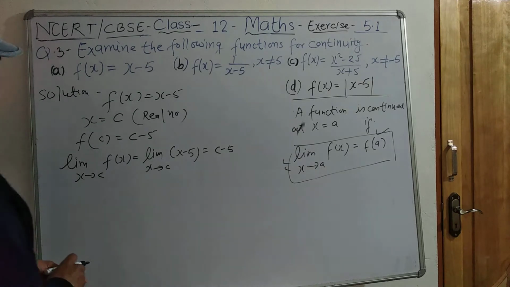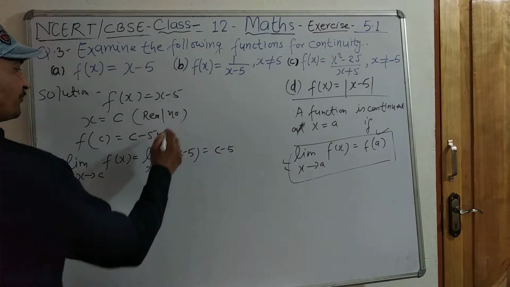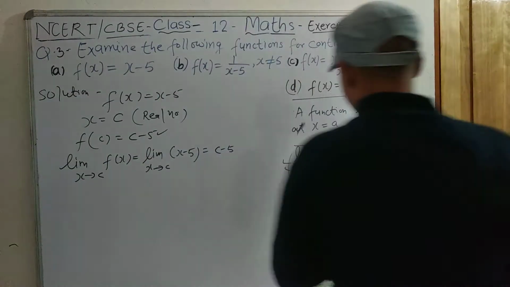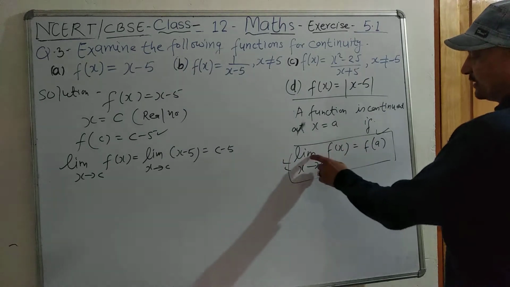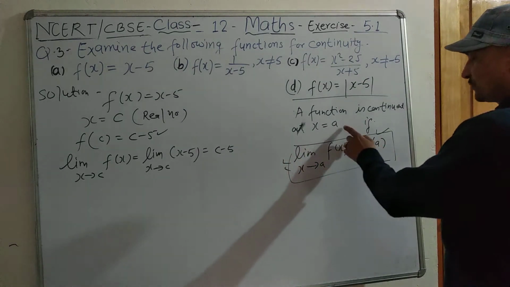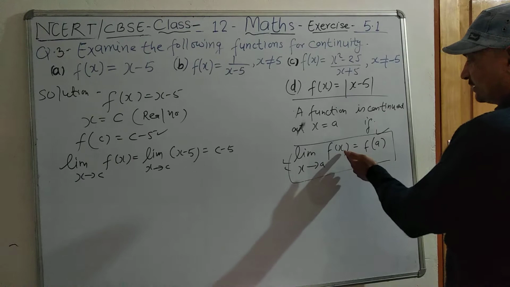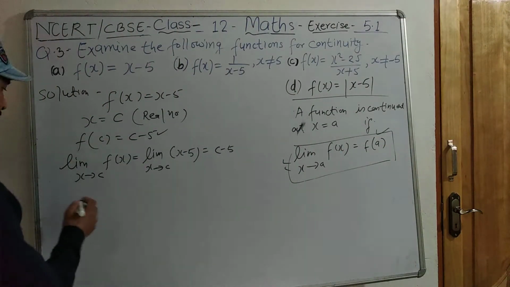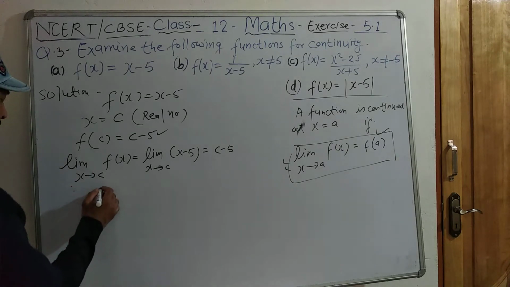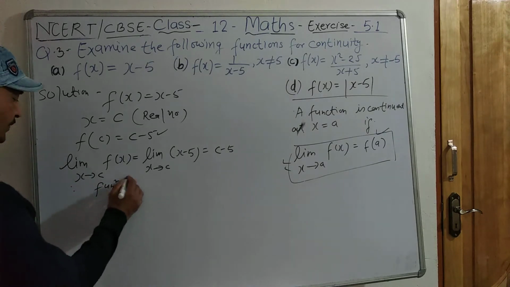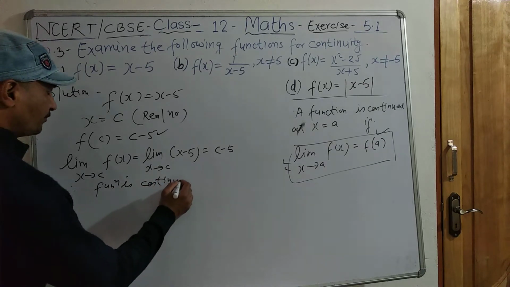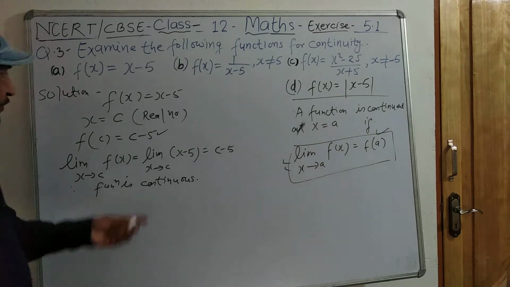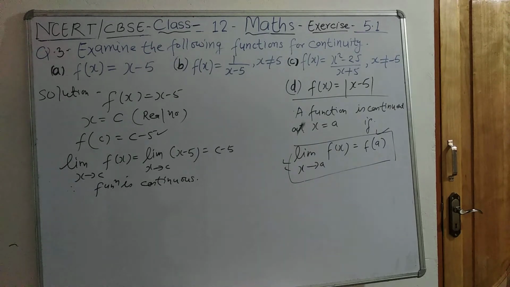That means it is also c minus 5 at the point x is equal to c. Now the definition: at the point x is equal to a, limit x tends to a f(x) is equal to f(a). If x tends to c, limit f(x) is equal to f(c), so c minus 5. Therefore the function is continuous. It is continuous for each and every real number.